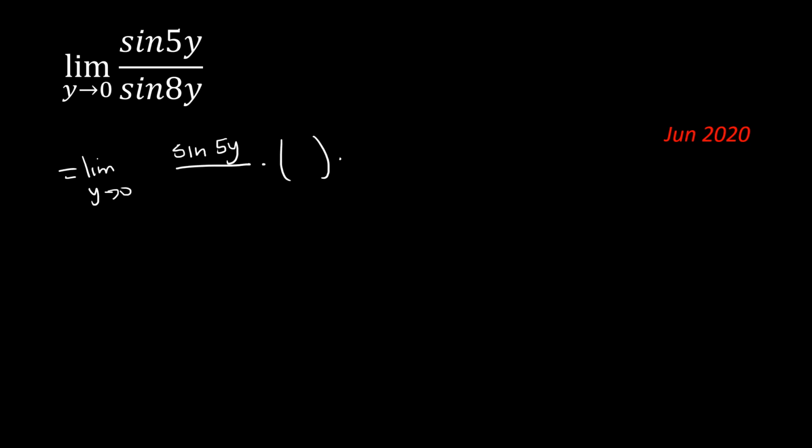Then for my 1 over sine 8y, I need 8y at the top, so I must multiply by something there. If I put 5y, I must multiply by 5y, because it's like I multiplied by 5y over 5y. Here if I put 8y, I must divide by 8y, which is the same thing again. It's like I multiplied by 8y over 8y, which gives me 1.